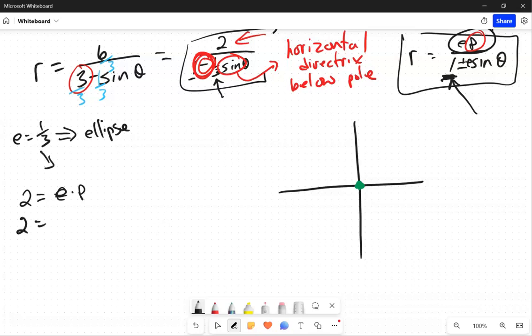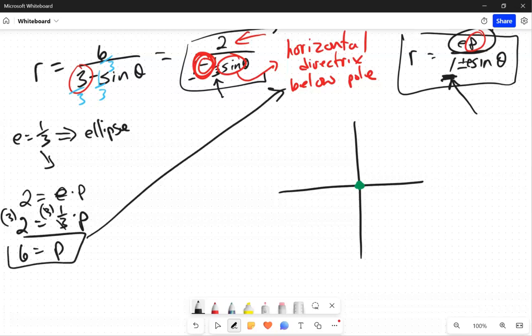So I've got 2 is equal to 1/3 times P. If I multiply both sides by 3, then I would get 6, the 3s cancel, is equal to P. So this tells me how much below the pole. It's going to be a horizontal directrix 6 units below the pole. So now that I know that, 1, 2, 3, 4, 5, 6, there's going to be my directrix line. Oh, come on, there we go. Got that.